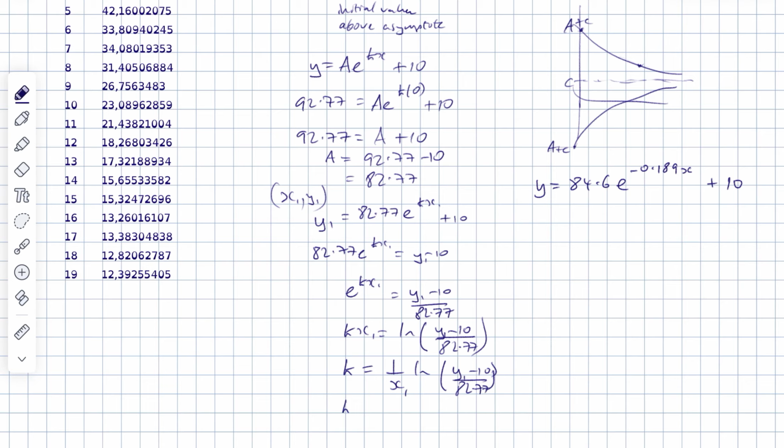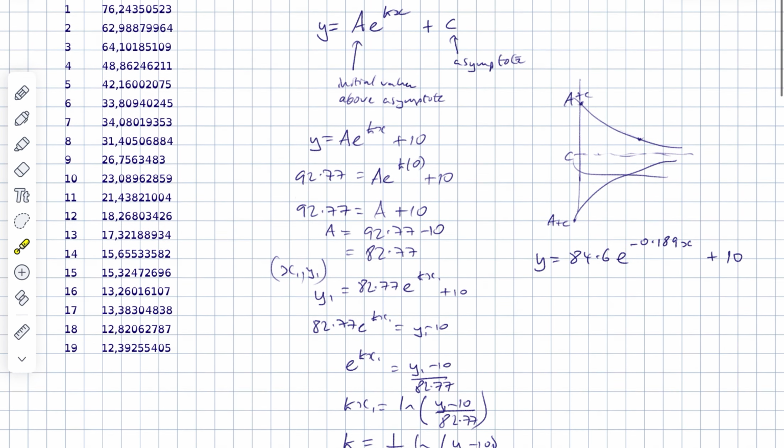So k equals log of y1 subtract 10 over 82.77, divided by x1. I don't like doing that, but just so I can put the formula in. And this I can write as this value divided by this value.